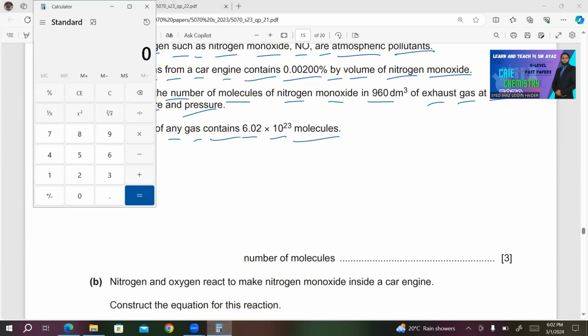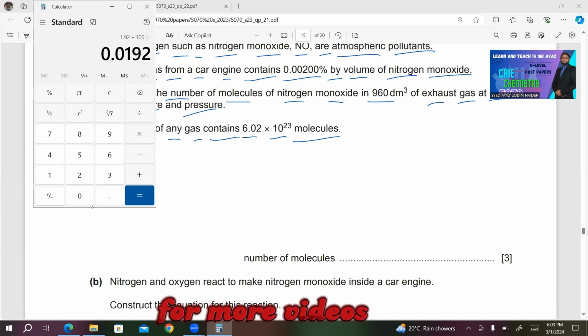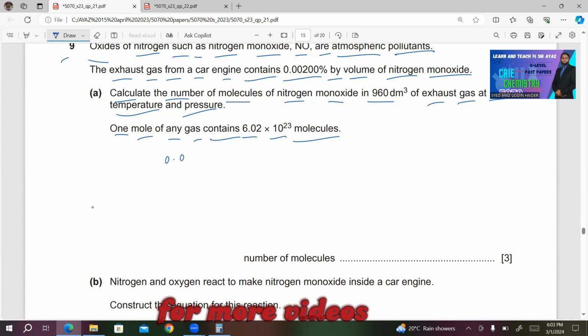So I will calculate 0.002 multiply by 960 divided by 100. It must be 0.0192 dm cube. Volume of NO.